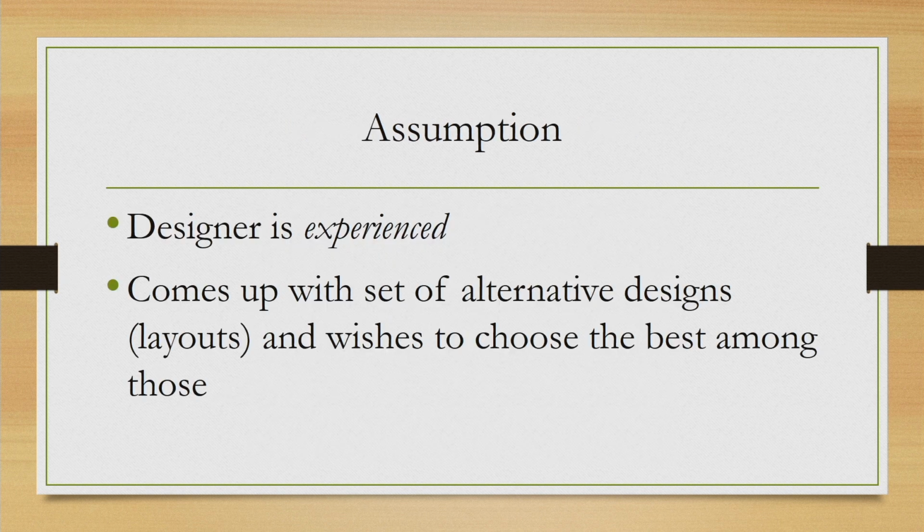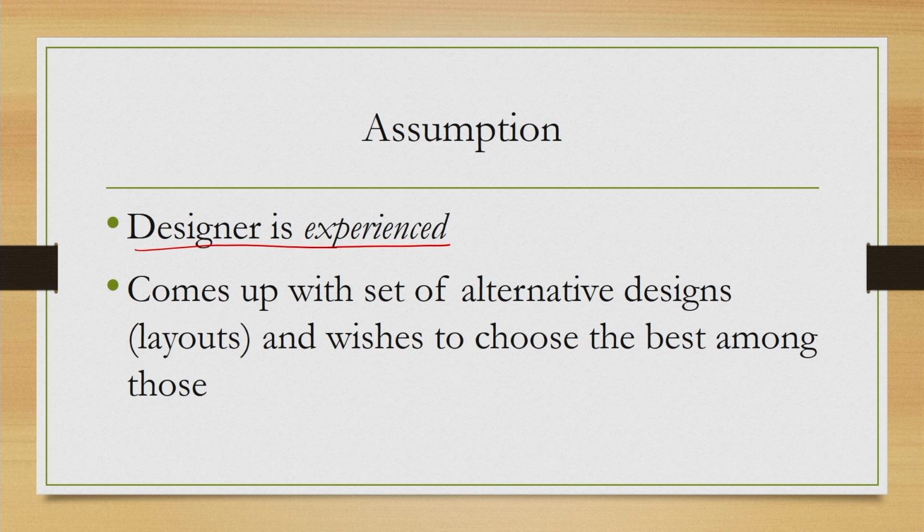Before we go for further explanation how the 4 modules are implemented, what we should do in those modules to implement them, we start with the assumptions that we make in order to use the framework to implement the design approach. The first assumption is that the designer is experienced. So, the designer already has some experience of designing similar systems. That is the first assumption, designer is experienced.